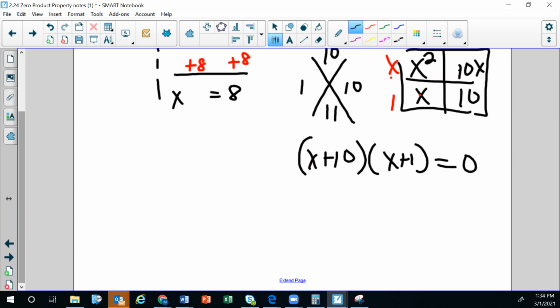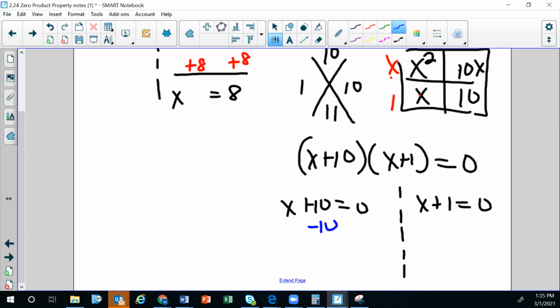And so if I set x plus 10 equal to 0 and the other factor x plus 1 equal to 0, if I add a negative 10 to both sides, I draw my line, that just gives me x is equal to negative 10.